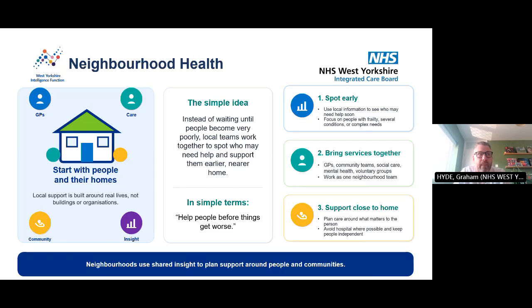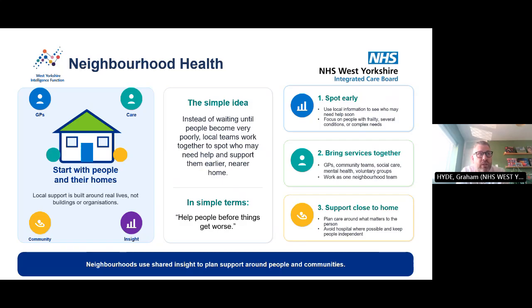First up, neighbourhood health is about organising care around people, communities, and with a prevention agenda. Again, not around organisations or buildings. It's care that's integrated, joined up, proactive, and close to home. Neighbourhood health starts with people at home.